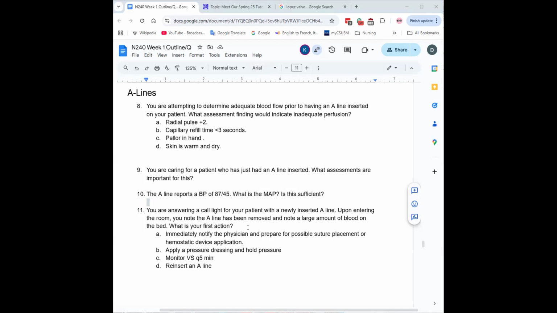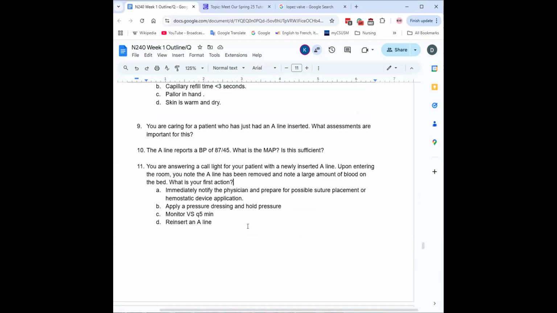No, thank you. I'm personally good. Oh, look, a bad scenario. Gosh. You're answering a call late for your patient with a newly inserted A-line. Upon entering the room, you note the A-line has been removed and note a large amount of blood on the bed. What's your first action? Pray or cry is not on here. I'm sorry. That was rubbish.